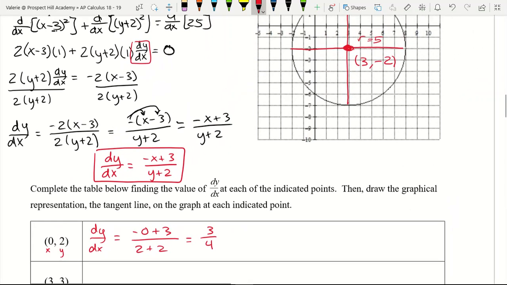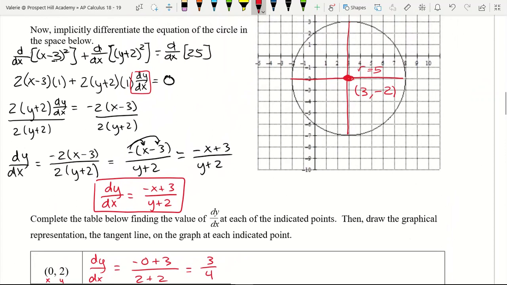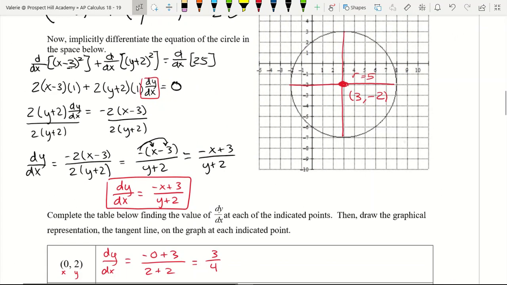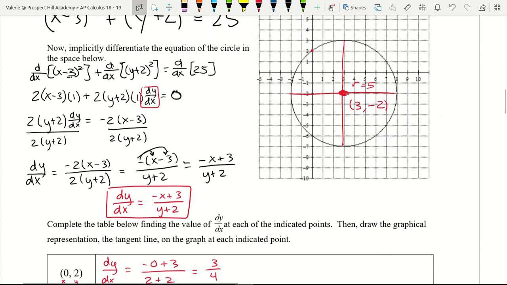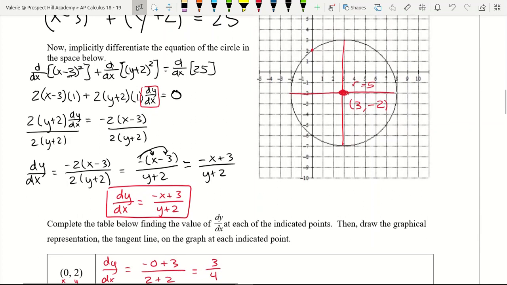So if we go to our graph at the point (0, 2), we should be able to draw a line with a slope of 3/4 to get the tangent line. So using rise over run, we know we're going to rise 3, run 4.